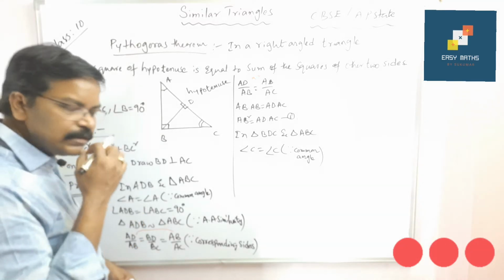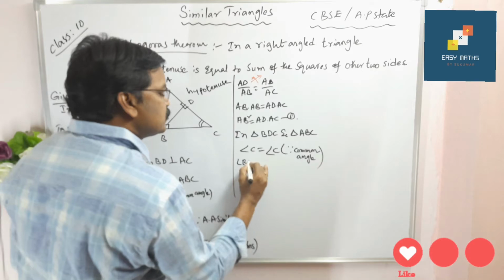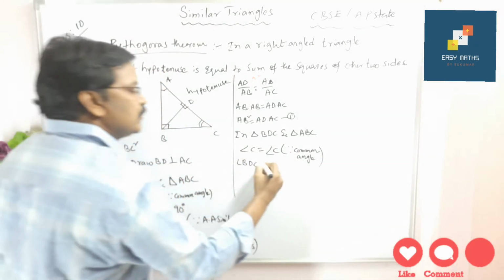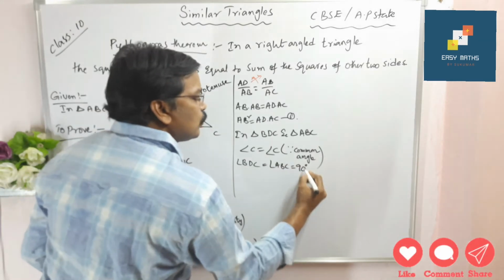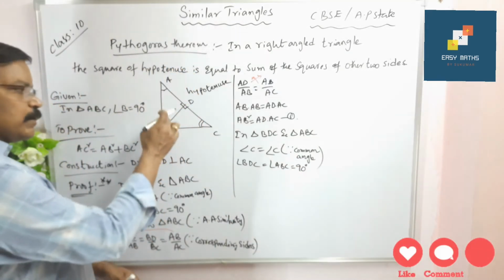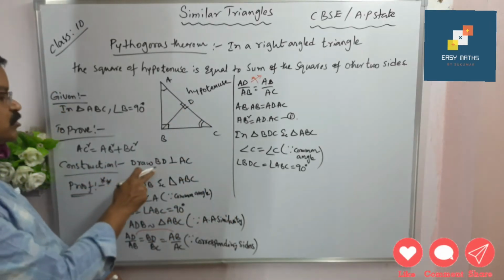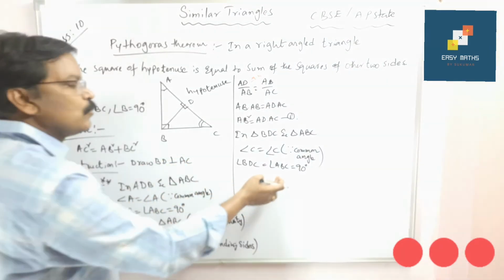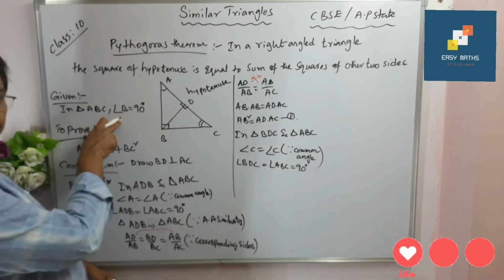Now, the next one is angle BDC is equal to angle ABC. Both are equal to 90 degrees. Why is BDC 90 degrees? According to the construction, BD is perpendicular to AC. Why is angle ABC 90 degrees? It is given in the statement.